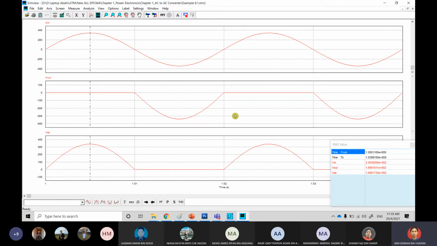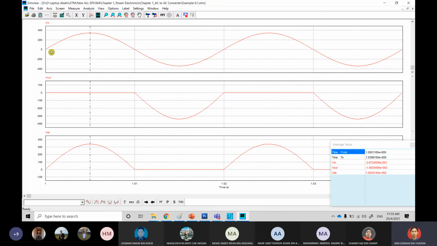Tapi kalau saya tekan average, value saya adalah close kepada kosong lah. Ni walaupun dia negatif, sebab mungkin this signal is not symmetry, maksudnya ada beza sikit antara this one dengan this one. So tetapi dia akan close kepada kosong lah, negatif, which is milli, negatif 0.03.